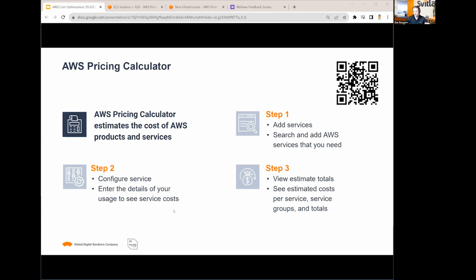Then you will be able to configure them, provide different kinds of options, and then you will see estimate totals, estimated cost per service, per usage, and it means that you may play with expected data, expected size, expected performance, and by using this tool, you will be able to tune your infrastructure to, on the one hand, solve your business need, on the other hand, be efficient from a cost point of view.